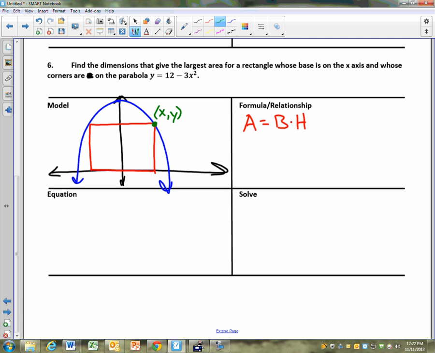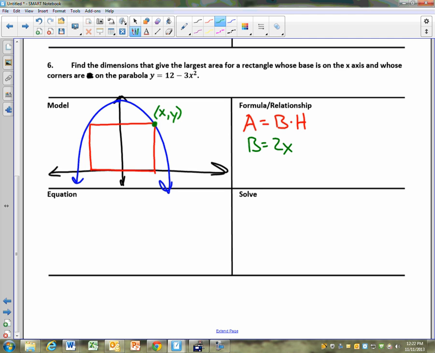So if that coordinate right there is xy, who can tell me what the base is equal to? Give me a hint. There's an x in it. 2x. Nice job.